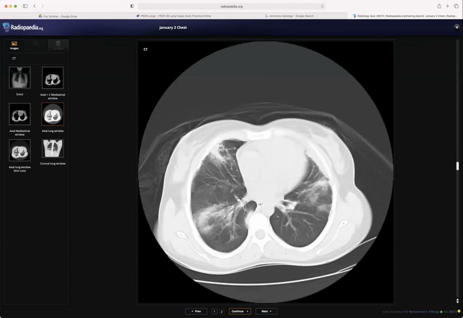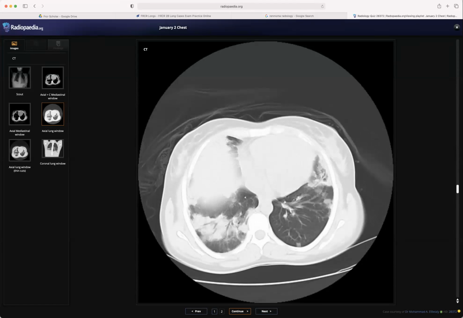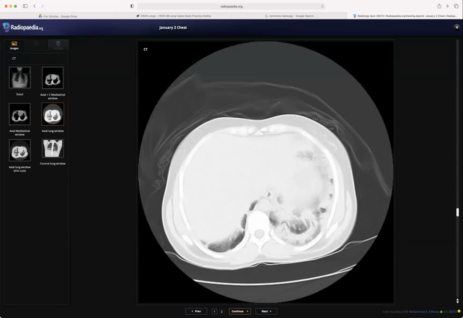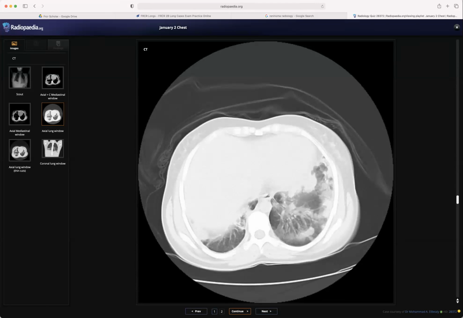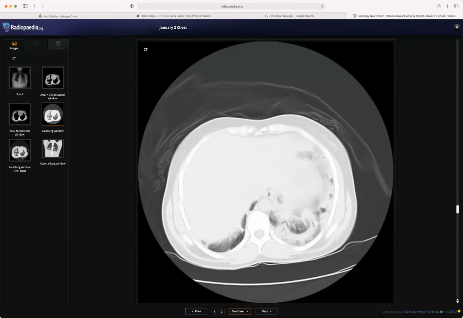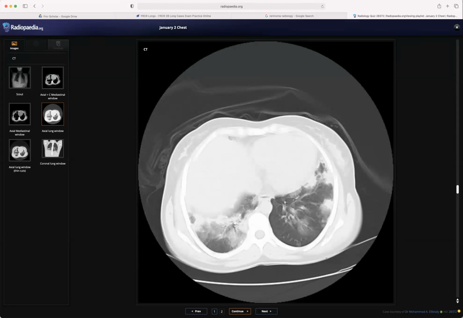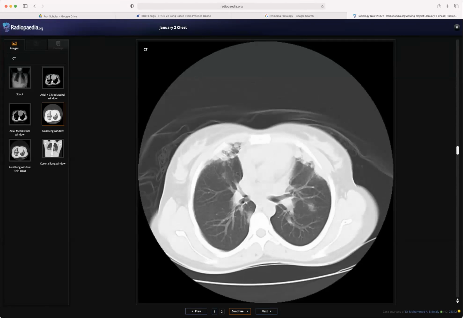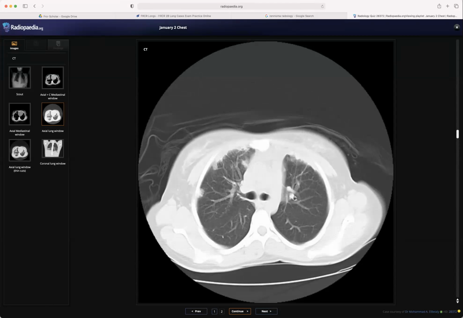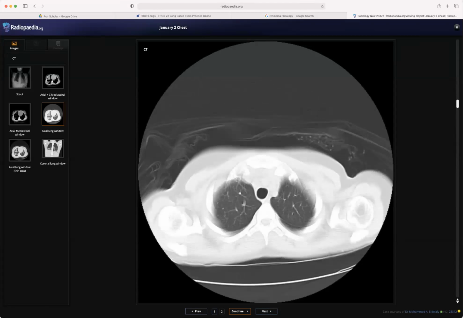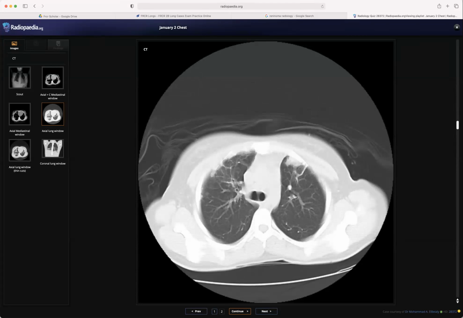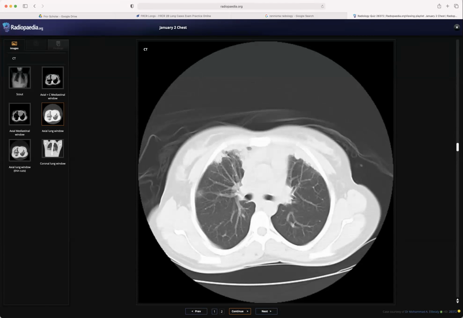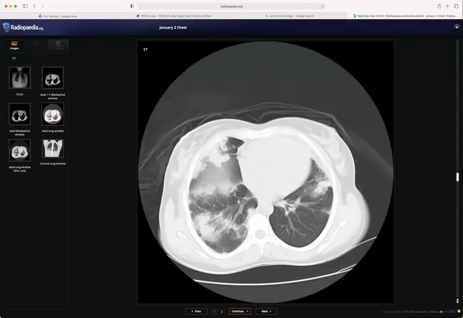With these findings, if the patient is acutely unwell and is running fever, I'll be thinking about an atypical pneumonia as the first possibility. Other considerations are eosinophilic pneumonia or organizing pneumonia.